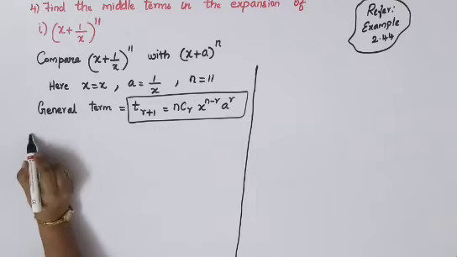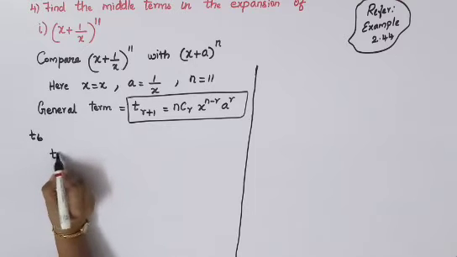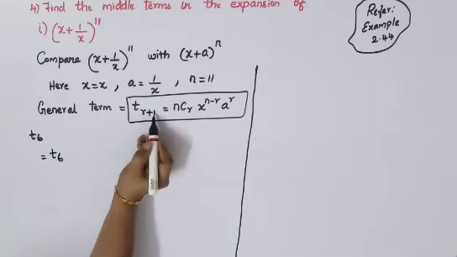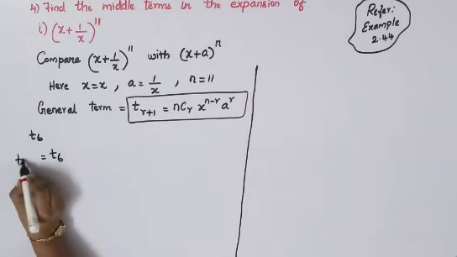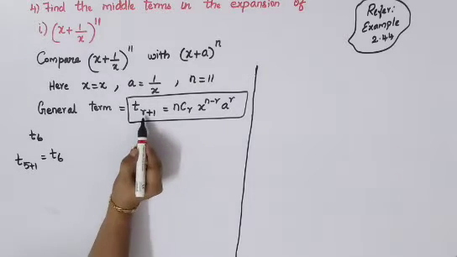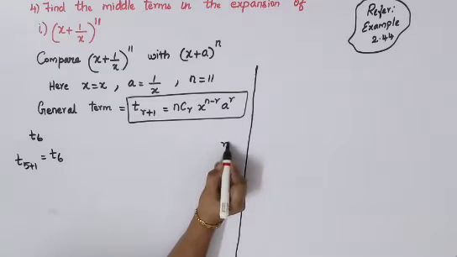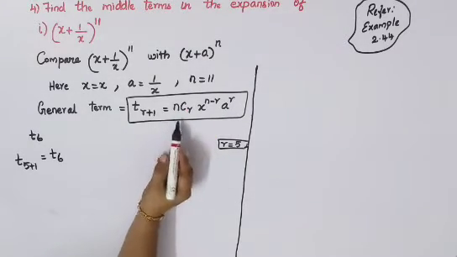First we go with T6, the sixth term. T6 is T(5+1), so r will become 5. You can write r is equal to 5 here. Now the other values are here, so just go for your substitution.